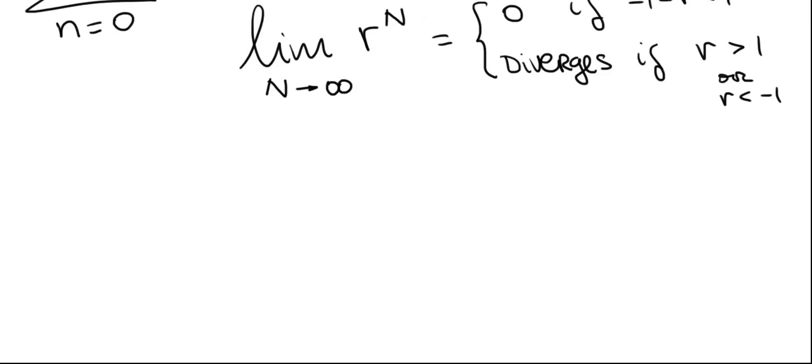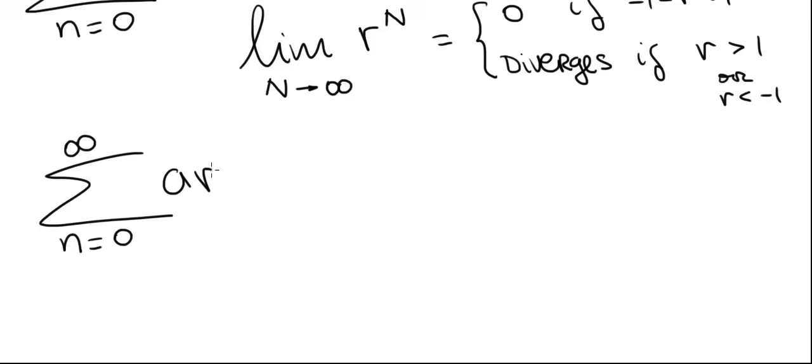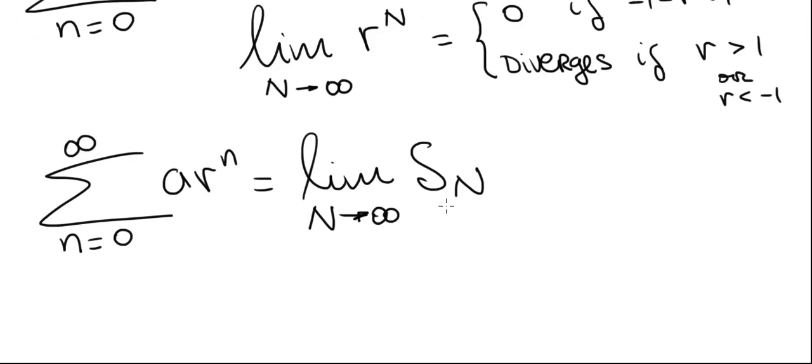So now let's recall that for any series, in particular a geometric series, the series is defined in the following way. The summation from 0 to infinity of a r to the n is equal to the limit, as capital N goes to infinity, of S_N, and S_N is called the Nth partial sum.